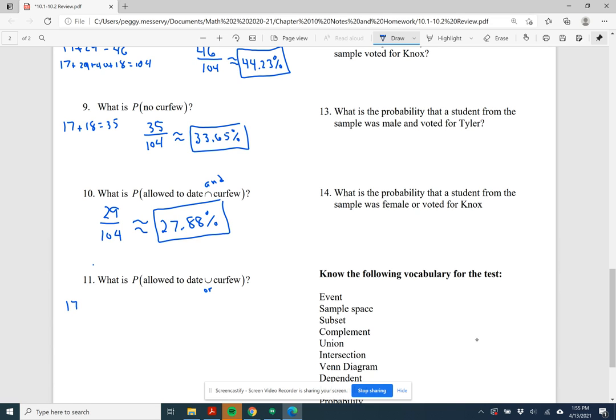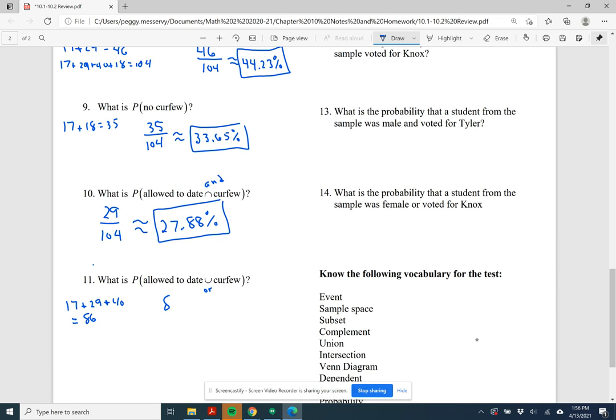I can do the 17 plus the 29 plus the 40. Or I can do the 104, take away the 18. And I will get 86. So 86 is this total.